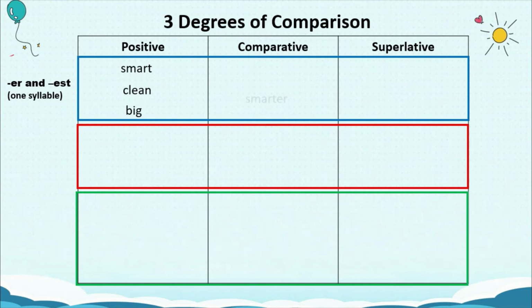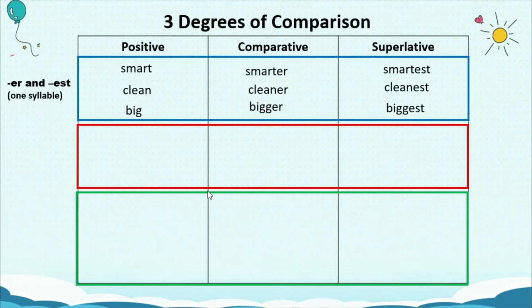That's why we have smart, smarter, smartest; clean, cleaner, cleanest; and the last one is big, bigger, biggest. Remember that if a word has only one syllable, we only add -er and -est.